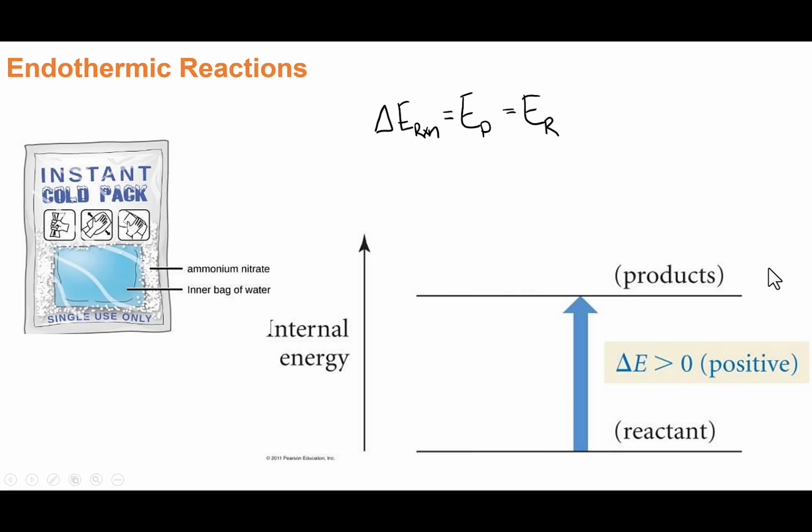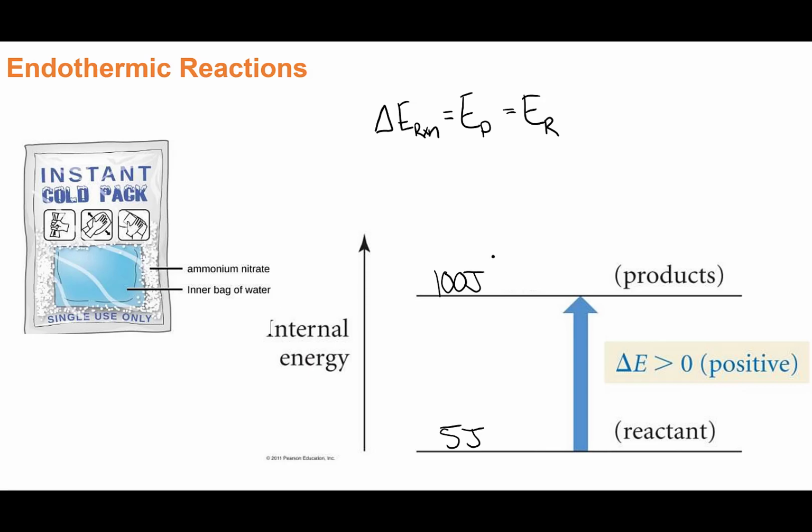The difference in this case is that our products are high in energy, and our reactants are low in energy. So let's put some numbers to this. Let's say our reactants are low down here at 5 joules, and our products up here are high at 100 joules.